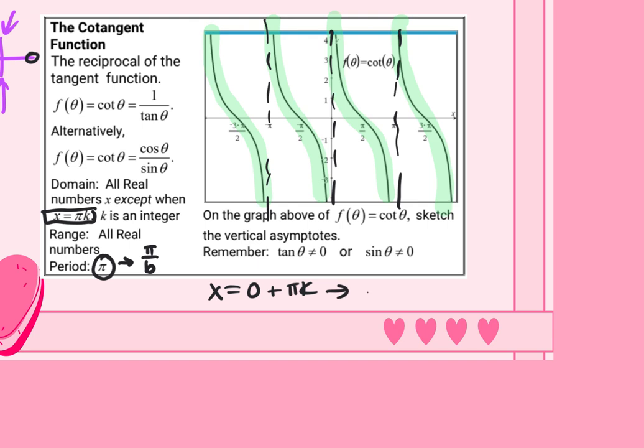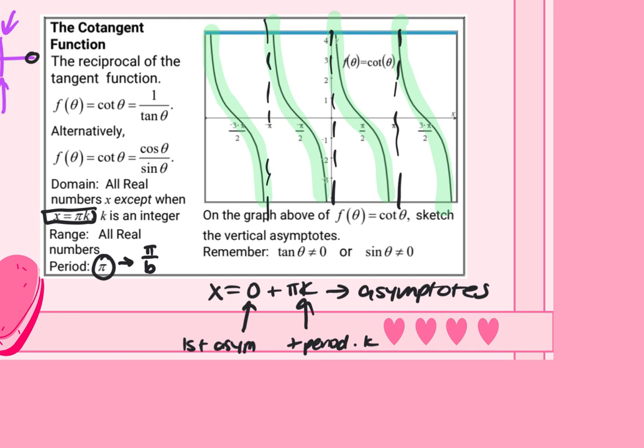So these are all your asymptotes: the first asymptote, which we're going to find every time, plus the period times k. K isn't constant, so k could be 1, 2, 3, negative 10. That means add your period times your k: add it once, add it twice, add it 3 times, add it 4 times, or subtract it once, subtract it twice, because k can be negative. Does that make sense? Okay.